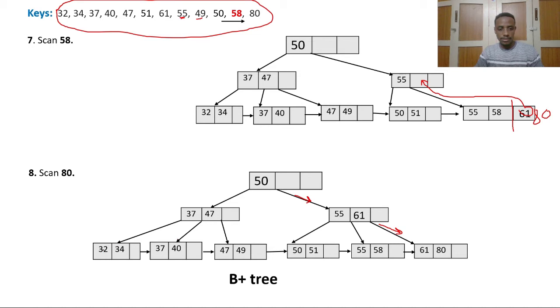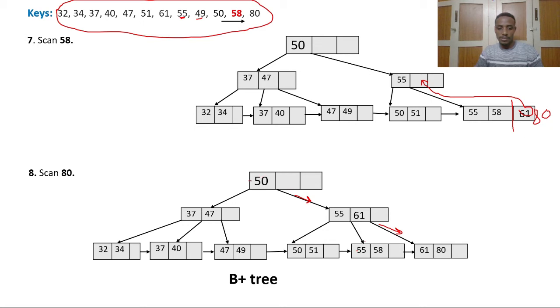But all the leaf nodes contain all the listed key values, and all copies of the root node keys are present at the leaf node too. 37, 47 is here also, 37 is here, 50 is here, 55 is here, and 60 is here also. So that is a right-biased B+ tree because the copy of the root node is present at the right child, including the right child.